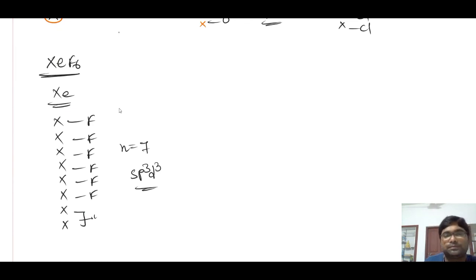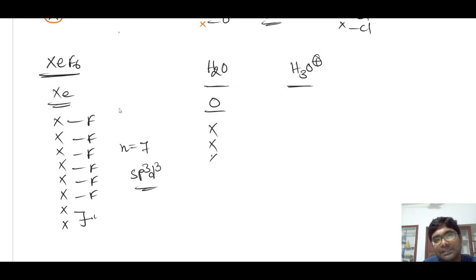Next, if you take H2O and H3O+. In the case of the H2O molecule, the central atom is oxygen. Oxygen has 6 electrons in the outermost orbit, and there are only 2 hydrogens as surrounding atoms, and the remaining are lone pairs of electrons. That means the n value is equal to 4, which means sp3 hybridization.